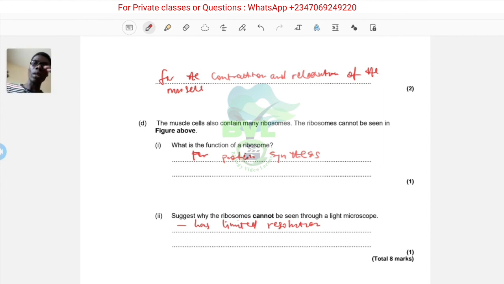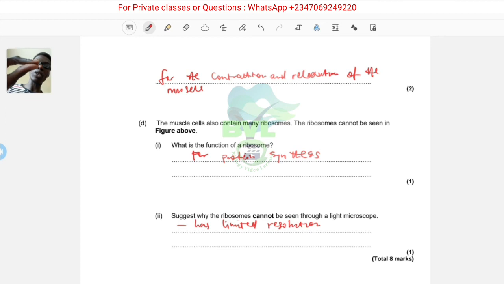You can just say resolution is how a microscope gives detail of the specimen or the diagram, whatever it is. But really, you're supposed to define it as the ability of a microscope to distinguish two close points as being separate.